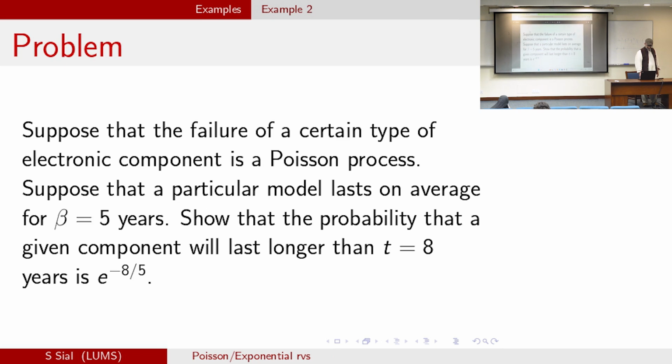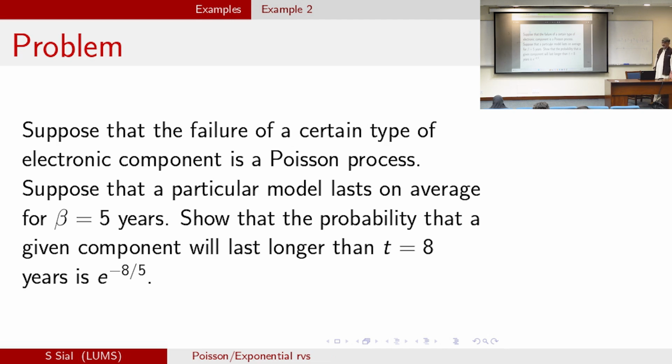Next example. Another kind of failure. Suppose something lasts for beta equals 5 years, on average, before failure. What's the probability that the component will last longer than 8 years?